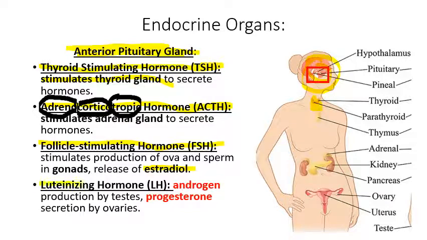Okay, now luteinizing hormone, or LH, is a hormone that's produced by the pituitary gland, which stimulates the gonads to produce either male hormones, which are known as androgens. Androgens are a group of hormones that are produced by the male testes and cause men to develop into men.